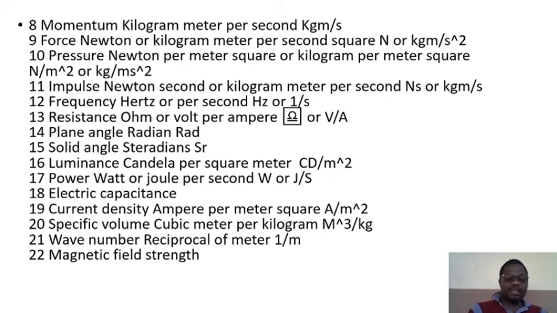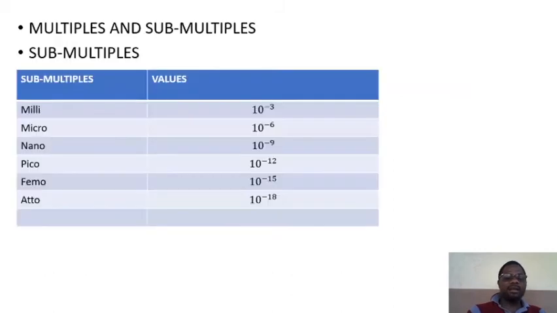Magnetic field strength is measured in Tesla or Weber per meter square. Then we have wave number. Wave number is measured in per meter. So we have many other quantities that are derived.